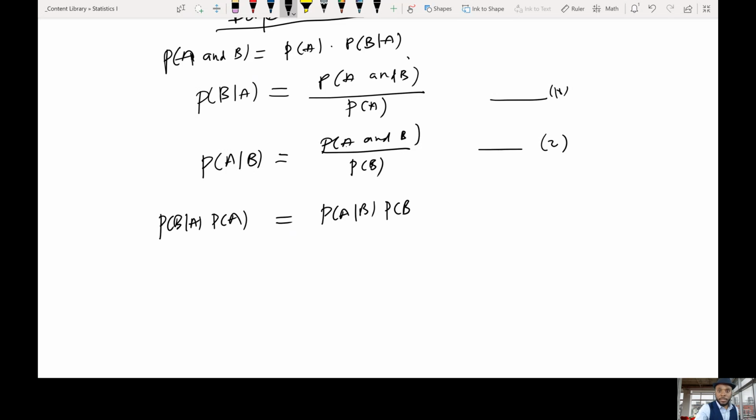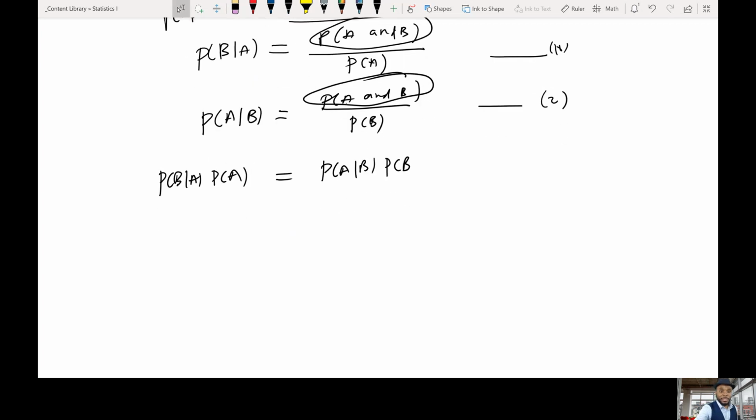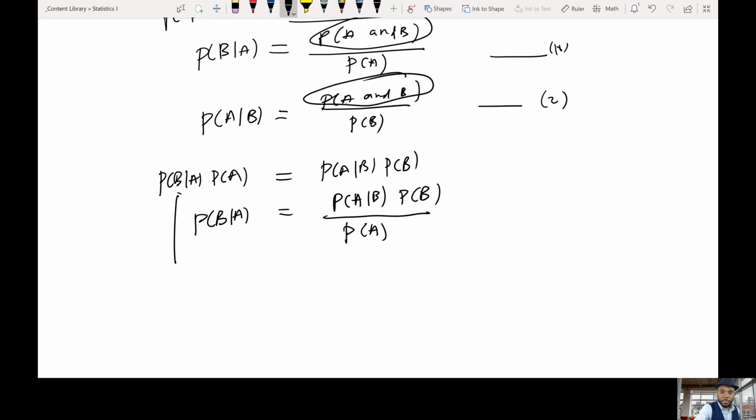Why? Because this is equal to this. So basically, this will be equal to this. All right, so with this, I can simply say that the probability of B given A is equal to the probability of A given B times the probability of B, divided by the probability of A. This is the Bayes rule.